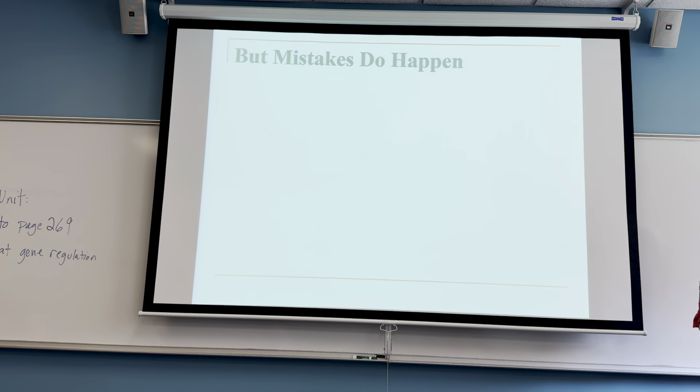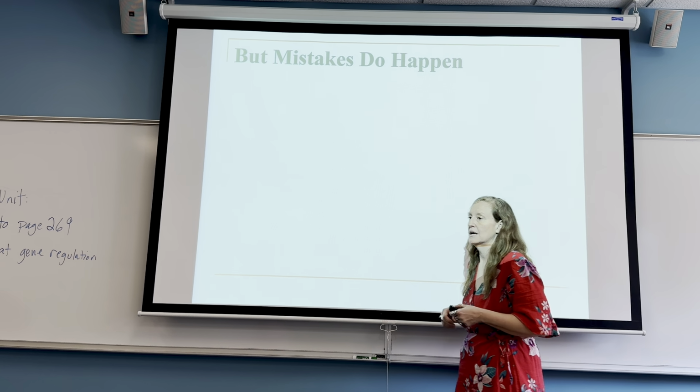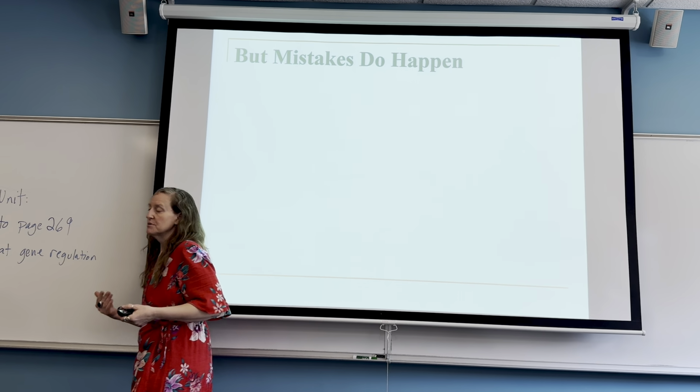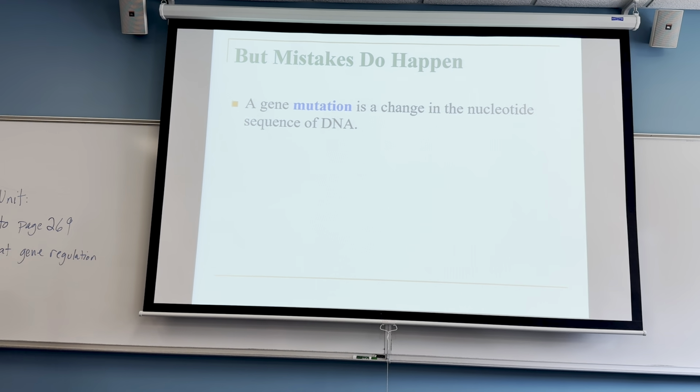All right, so remember, we said sometimes mistakes do happen, that the volume of DNA being copied, and all of these actions happen so quickly that sometimes mistakes do happen. When we're talking about a mistake in the copying of the DNA, it's called a mutation.